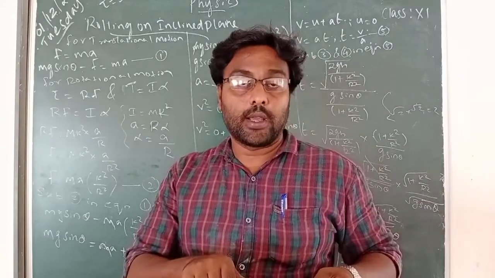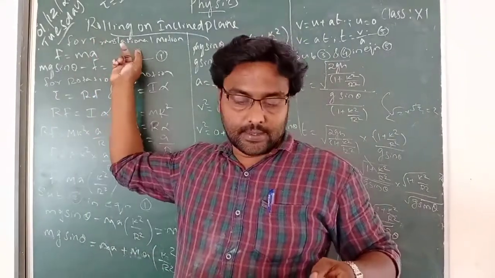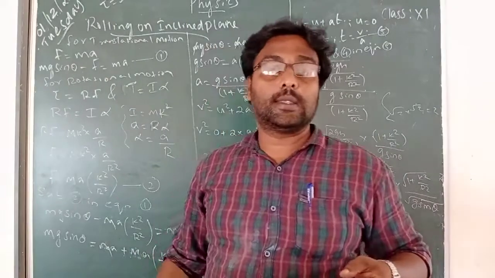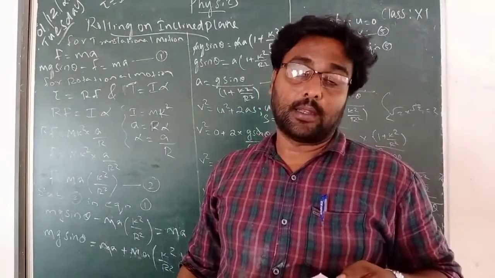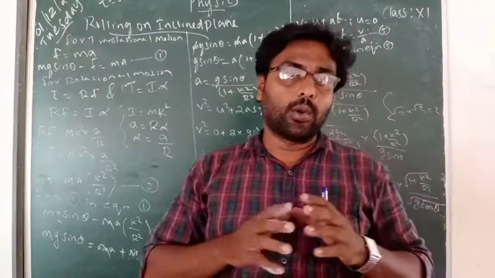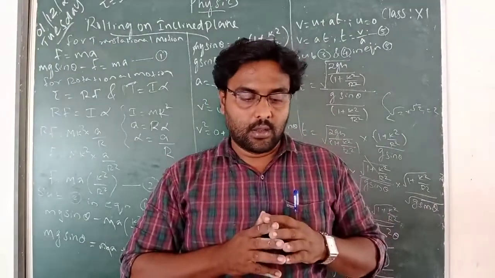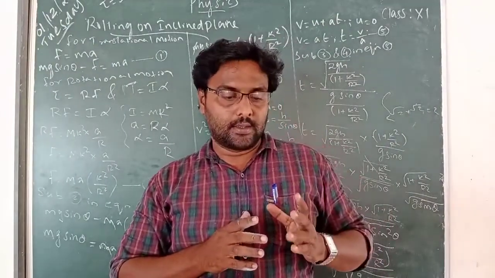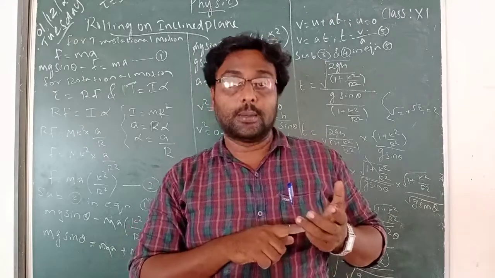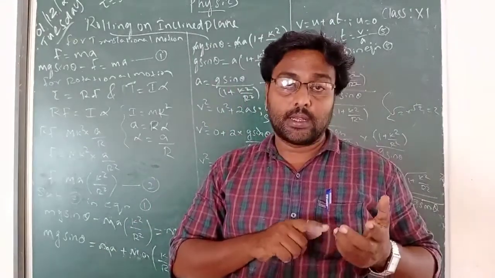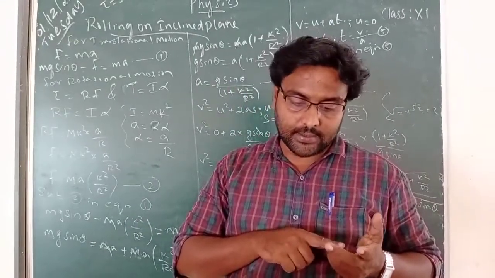Then rolling on an inclined plane, this derivation, page number 256 and 257. Out of all these 10 questions, a very important question is question number 1, types of equilibrium. Question number 3, bending of a cyclist.